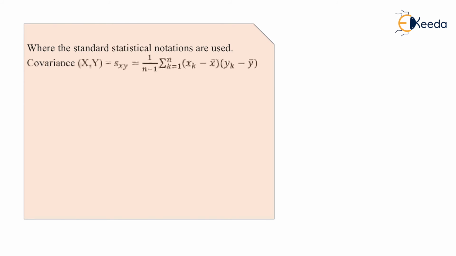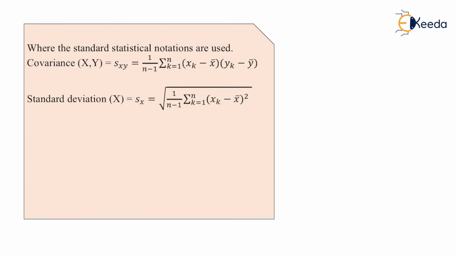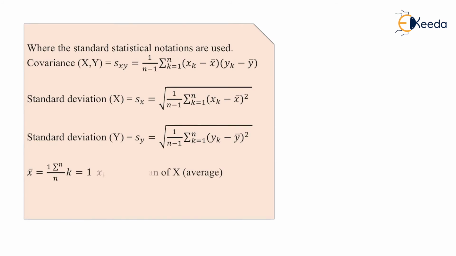The covariance s of x, y is 1 by n minus 1 times the summation over k of x of k minus x bar and y of k minus y bar. The standard deviation of x is the square root of 1 by n minus 1 times the summation of x of k minus the mean of x, squared, and likewise for y.